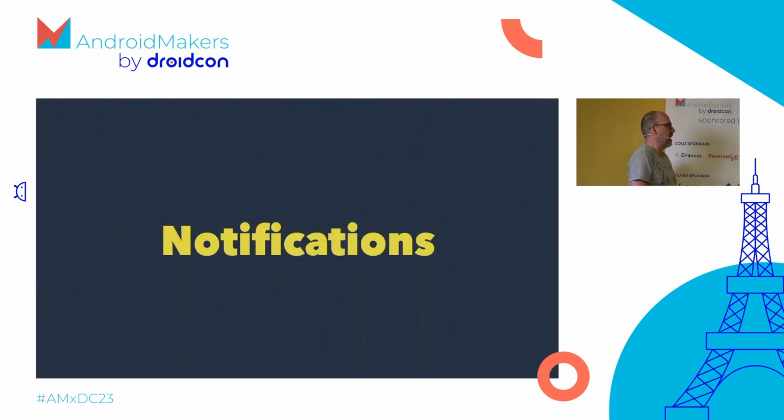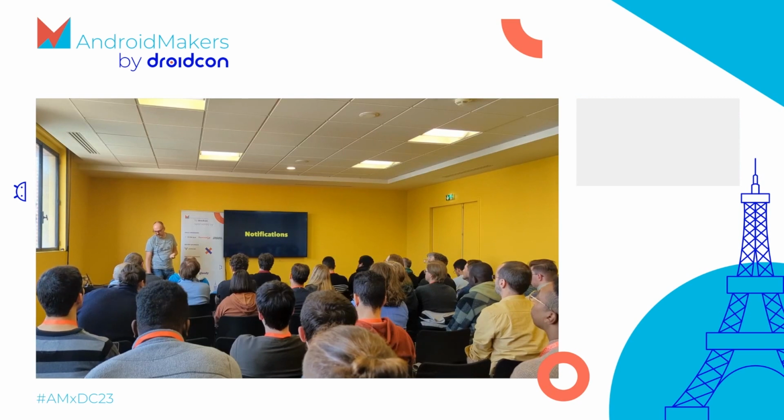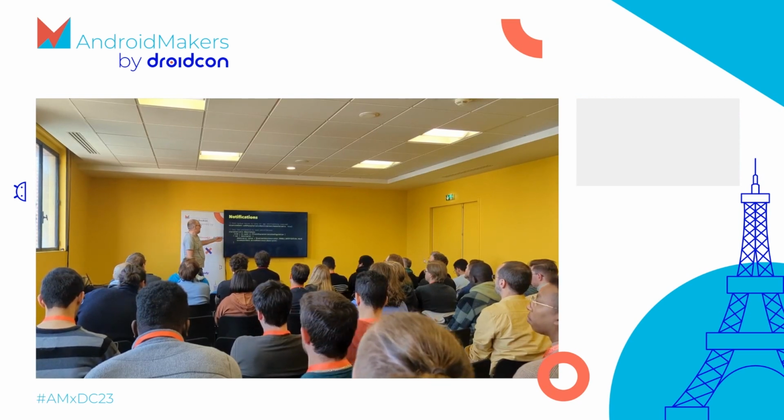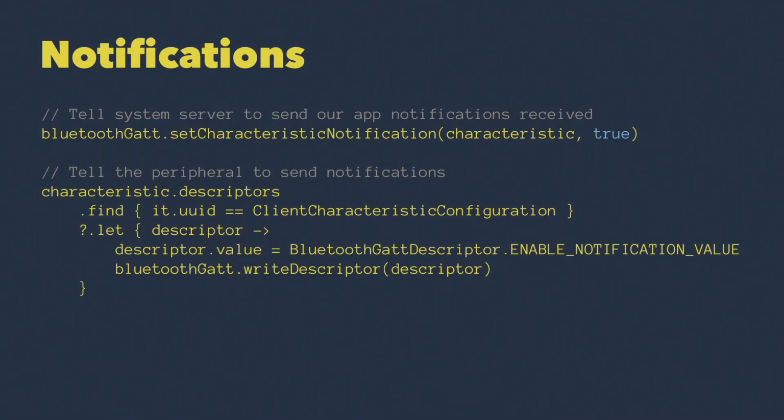Notifications. This one is tricky because it's so badly documented, not only for Android, but overall how it works and what's needed. On Android, they have added extra complexity just to make us confused. So what you need to do is first take your Bluetooth GATT and say set characteristic notification with that characteristic and set it to true.